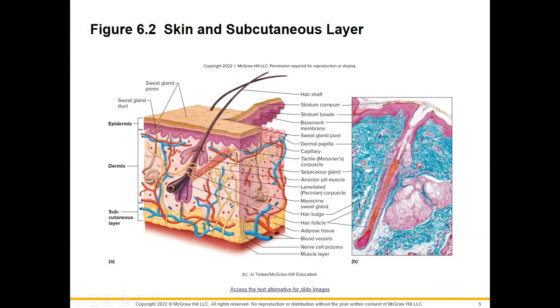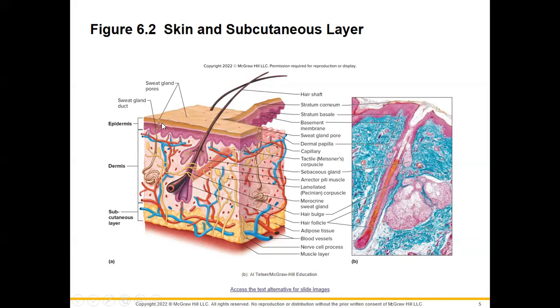So the integumentary system plus the subcutaneous layer, you have most superficial your epidermis. So this pink or darker purplish color here is going to be your epidermis along with these cells superficial to them.